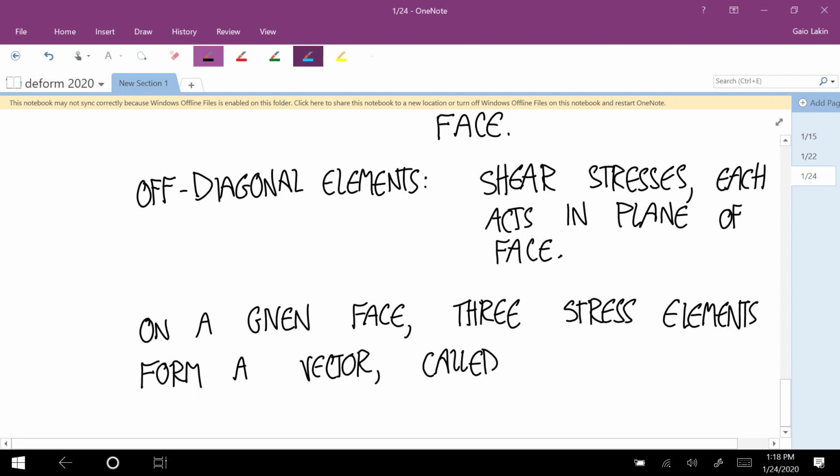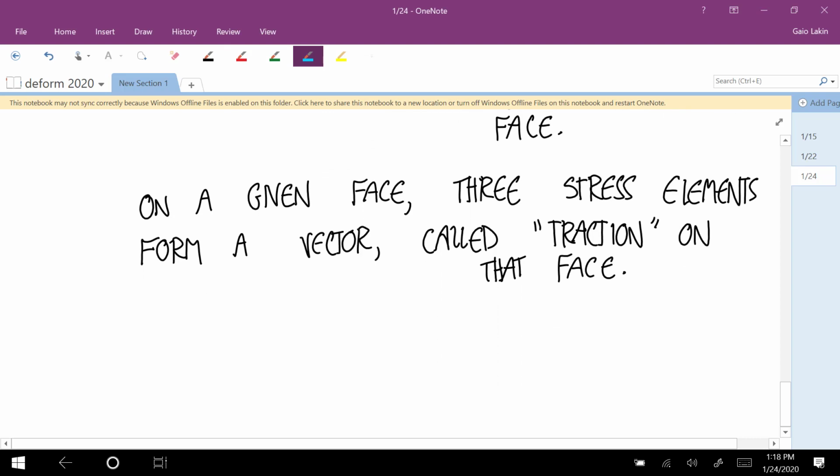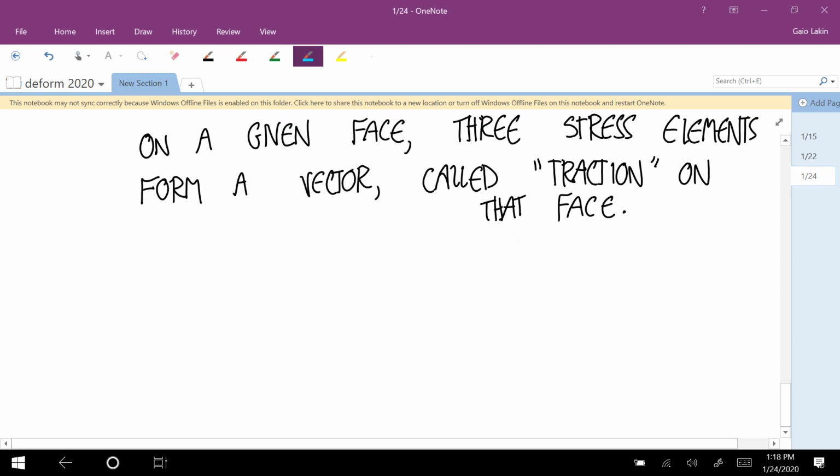And that vector is called the traction on the face. Okay, so it turns out that there's a relationship between the tractions and the stress tensor that's really useful in calculations sometimes.